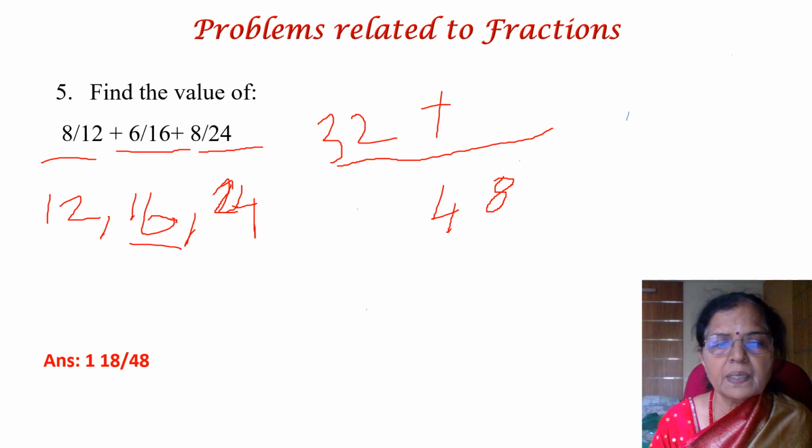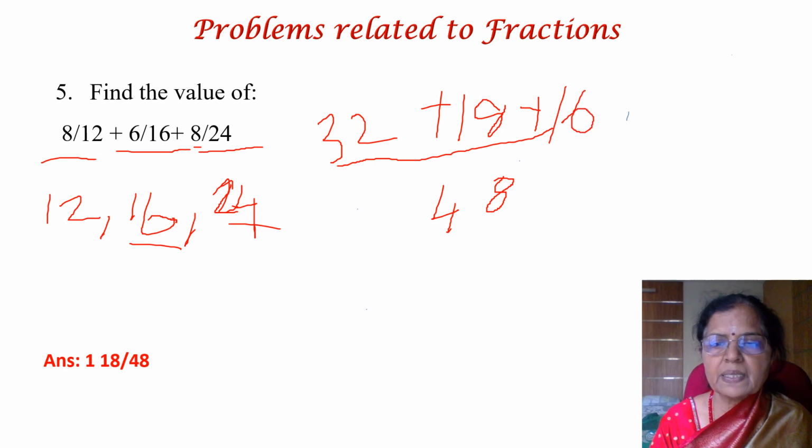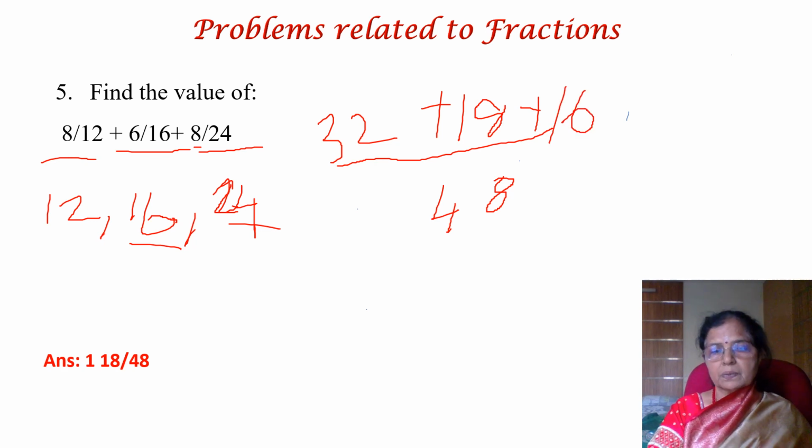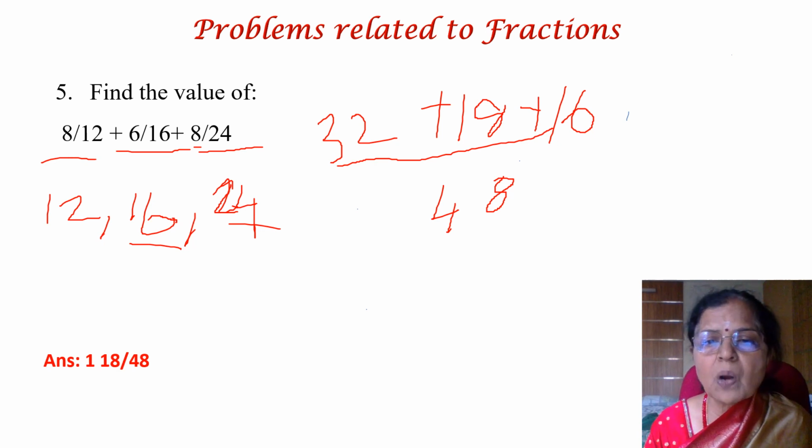And 3 into 6, 18, plus divide 48 by 24, 2 times. 2 into 8, 16. Now add all three because we have rewritten the fractions with the common denominator. Because here they are all different denominators, we are converting them into a common denominator, which is the least common multiple, 48.